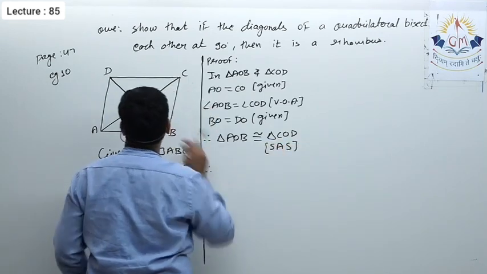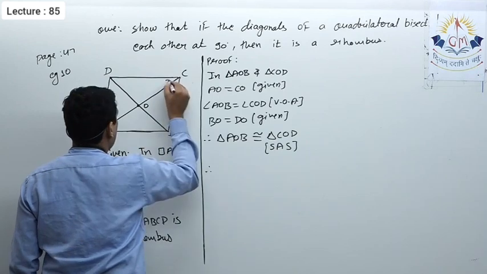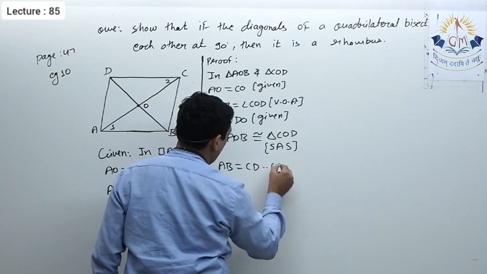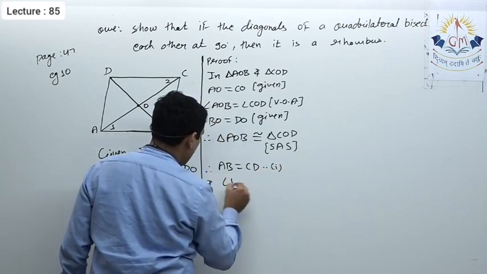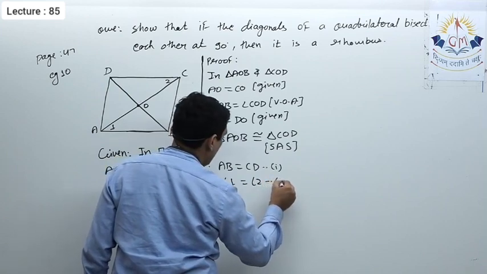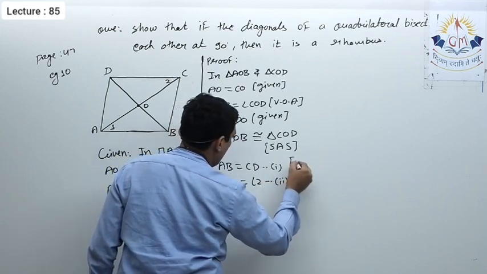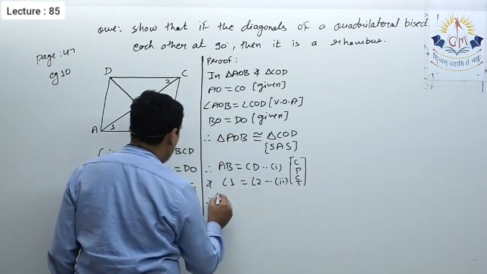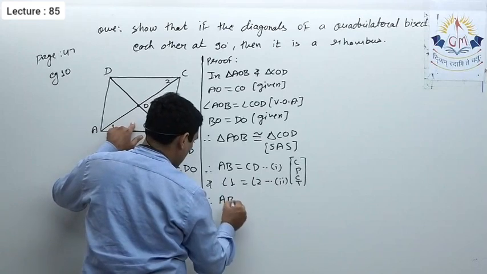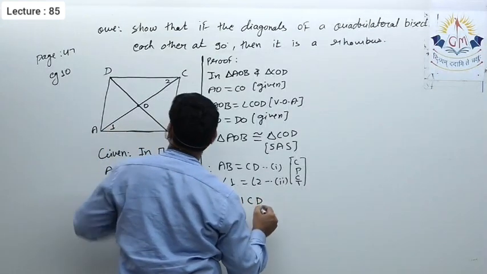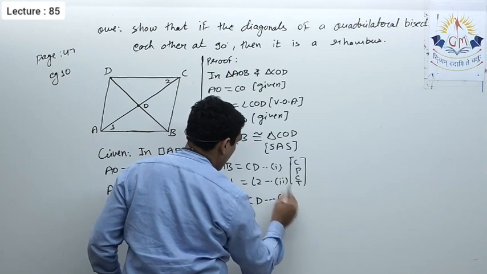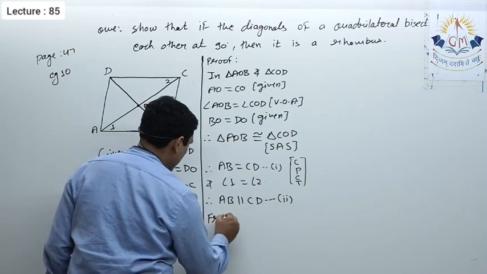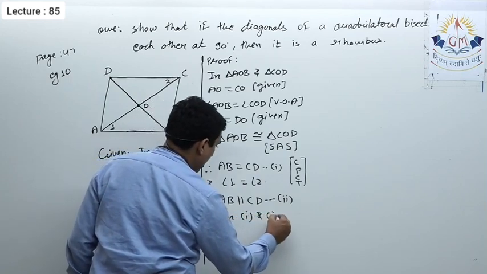And hence I can say AB is equal to CD, let it be first, and angle 1 is equal to angle 2, both by CPCT. As angle 1 equals angle 2, therefore I can say AB is parallel to CD.